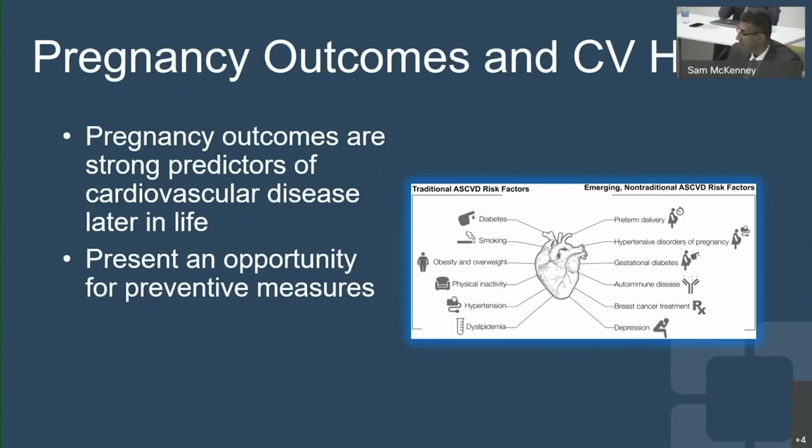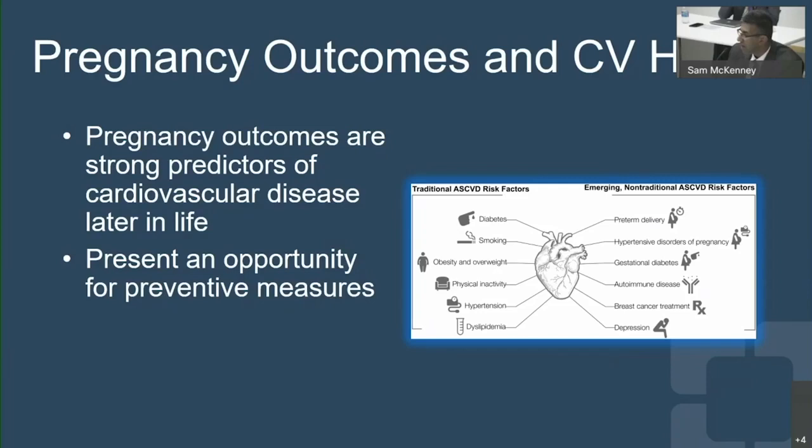So if a woman develops preeclampsia, and particularly if it's preterm preeclampsia and requires an early delivery, or she develops it in recurrent pregnancies, that significantly increases the risk for coronary artery disease and other hypertension later in life.